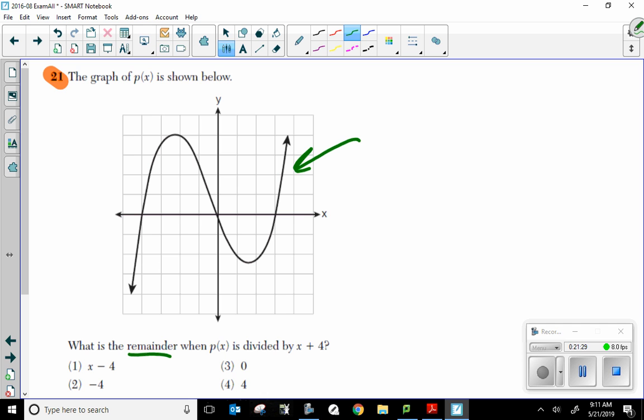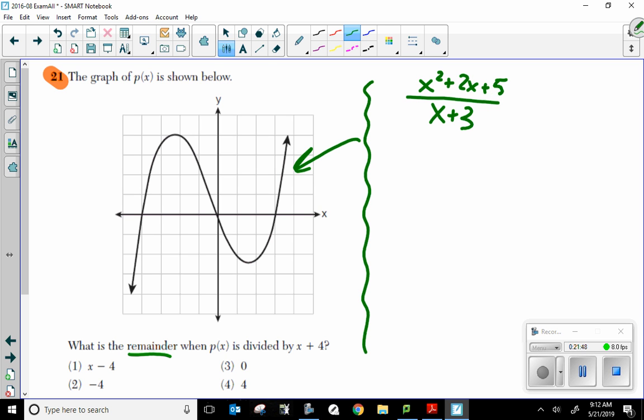By definition, the remainder theorem says, let me pull away from this problem for a second here. Let's say I take x plus 3, and I want to know what the remainder is when I divide x squared plus 2x plus 5. I don't care about the quotient, just the remainder.